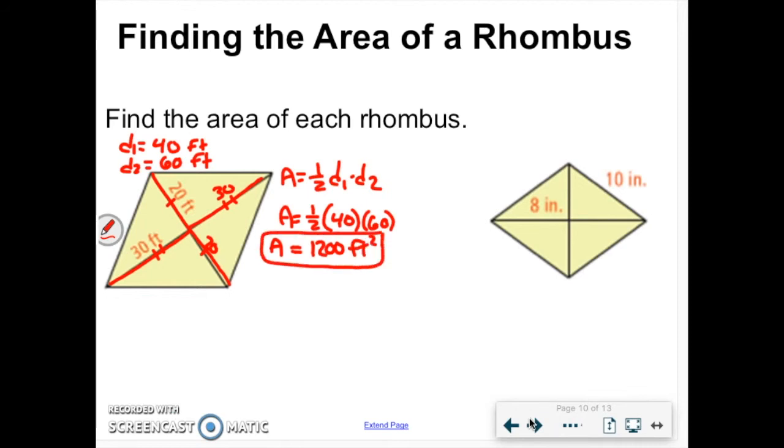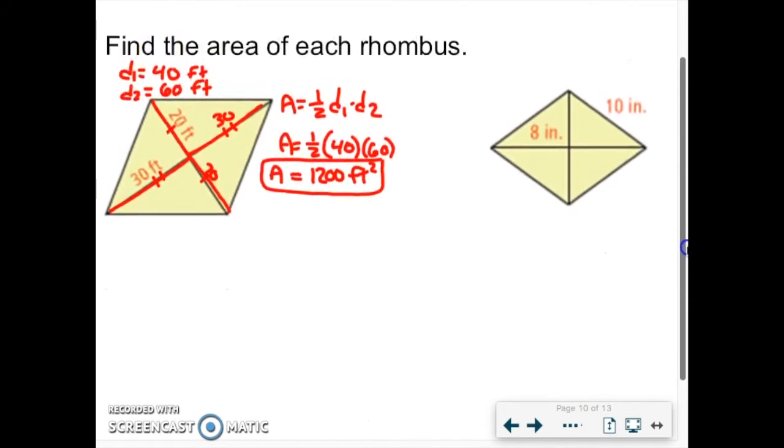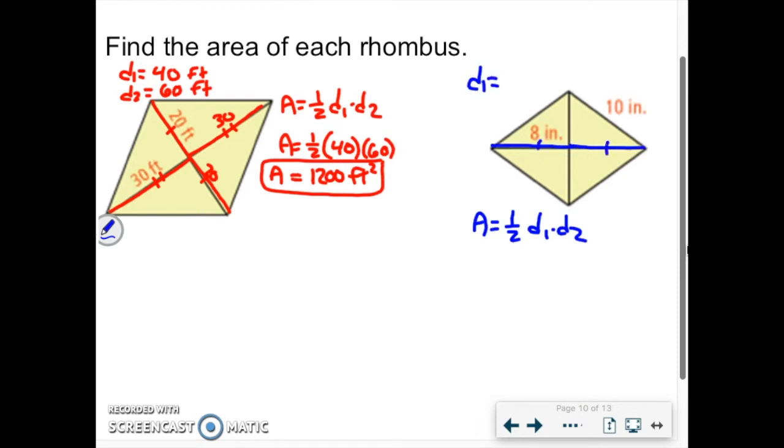Okay, here's a tougher rhombus one right away. The reason it's tougher is because of what we were just talking about. So if we try to make our list, we know that our formula is going to be 1/2 diagonal 1 times diagonal 2. If I try to make my list here of my diagonals, I know that this is 8, which means that this is 8. So one of my diagonals is 16 inches.